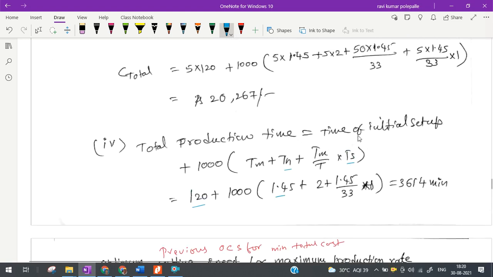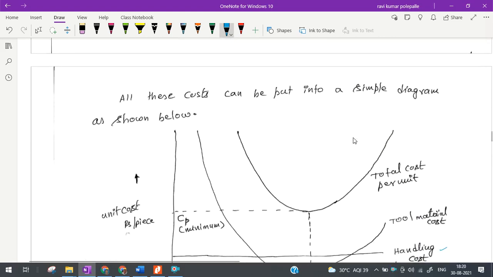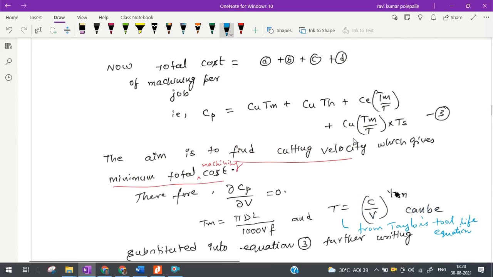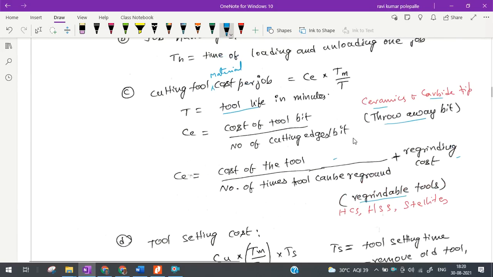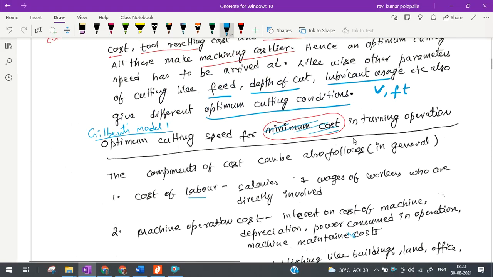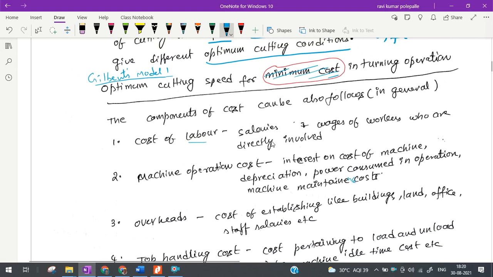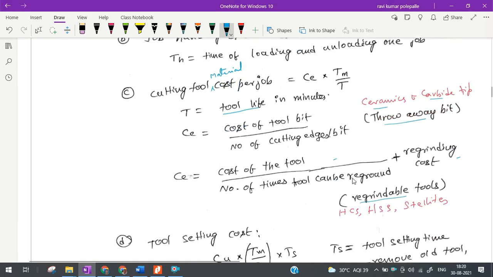So this is the discussion regarding how we can obtain the cutting velocity which gives the minimum cost in turning operation. This is called Gilbert's model 1. Likewise, we have Gilbert's model 2 also.